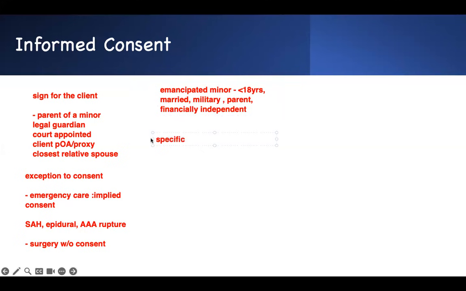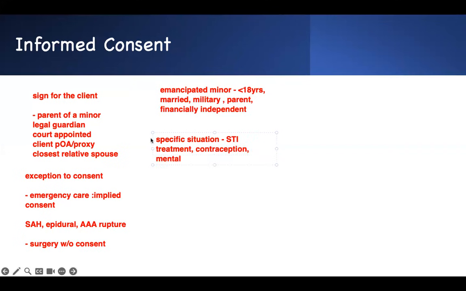I'm breaking it down. Specific situations too. If you need sexually transmitted infection treatment, you can sign consent. You don't need your parent's consent. If you're looking for contraception and you are less than 18, you don't need your parent's consent.